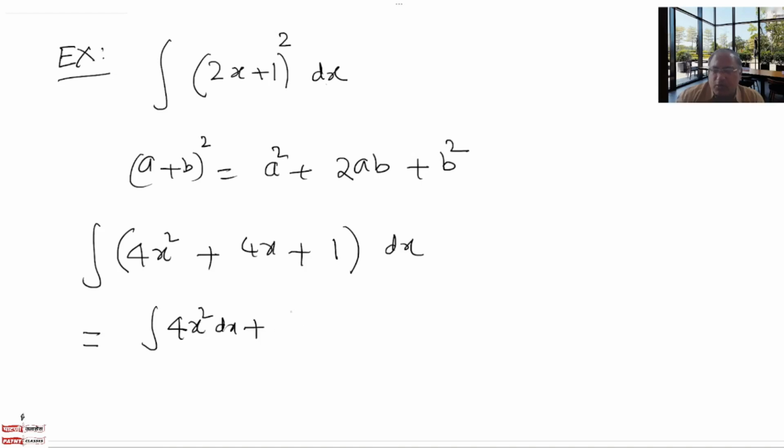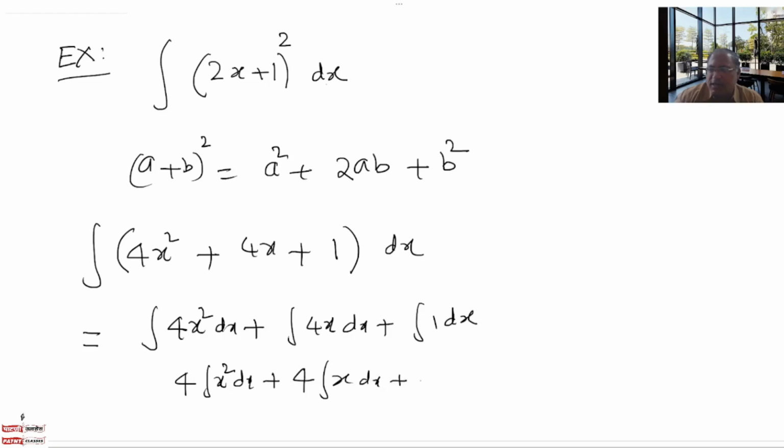Now we do the individual integration of the parts: integration of 4x square with respect to x, integration of 4x with respect to x, and integration of 1 with respect to x. Whenever constants are there, we take them outside, that is 4 into integration of x square dx, the 4 being a multiplier taken outside, then x dx, and 1 dx.